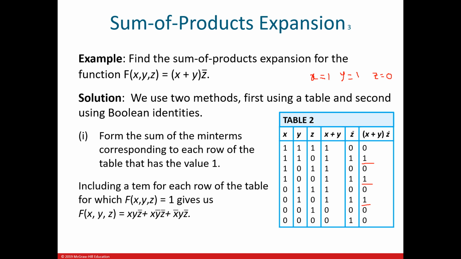Now this is one way. What is the second way of finding the sum of minterms corresponding to each row? When we include each term for each row of the table, we can show these values: when x is equal to 1, y is equal to 1, z is equal to 0, that can be shown as x y z complement.